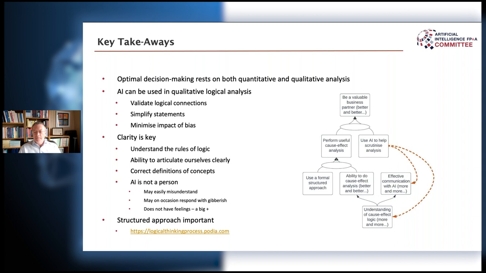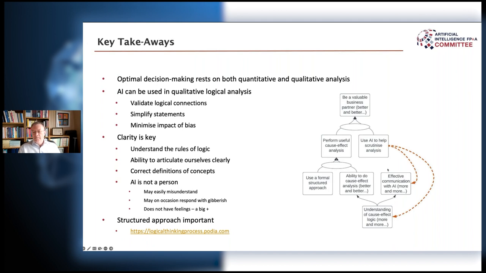And using AI, basically what it means is that we have the formal structured approach, and we have the ability to do the cause-effect analysis, and that's because we understand cause-effect logic.